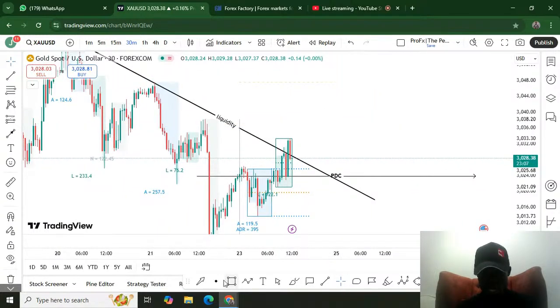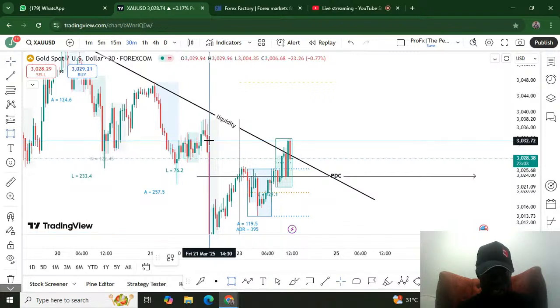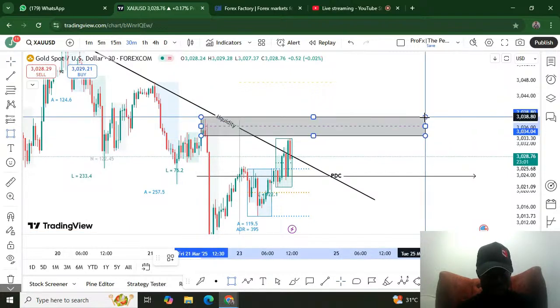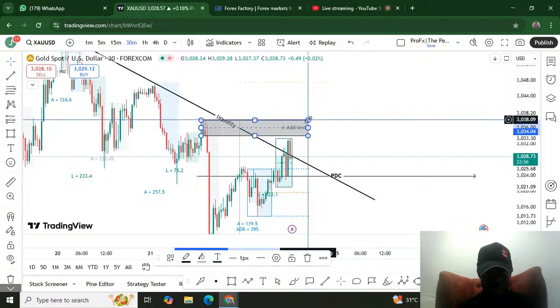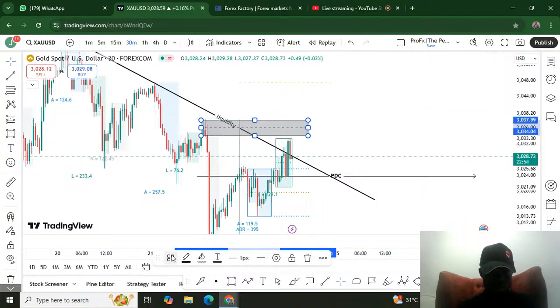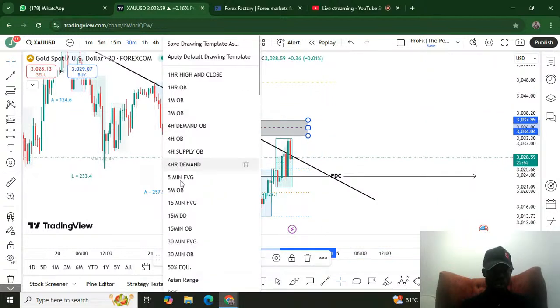Our expectation is that price will pull back into this order block, or supply zone, whatever you call it.